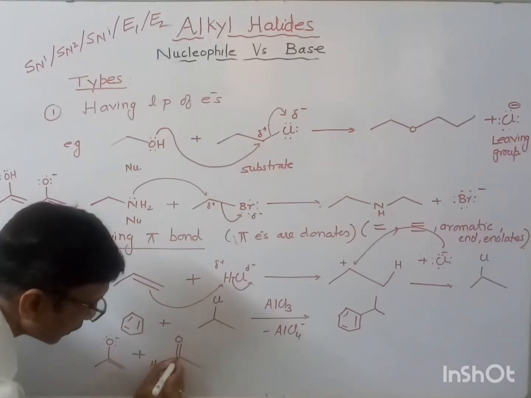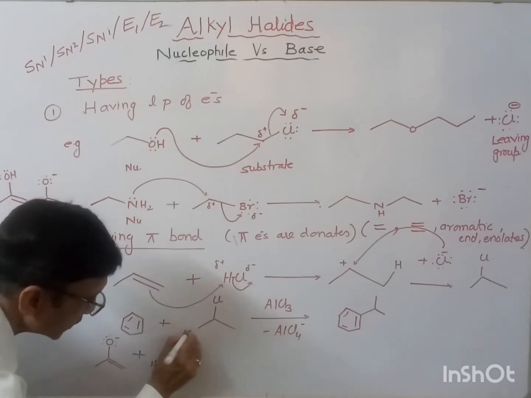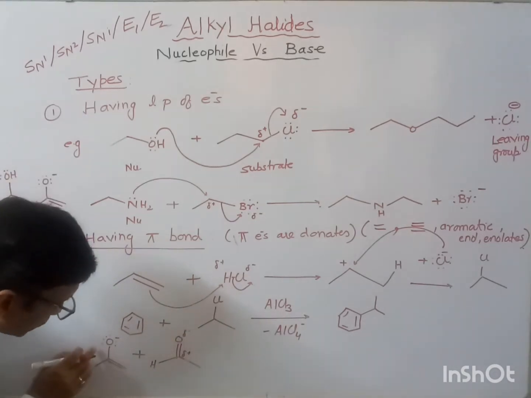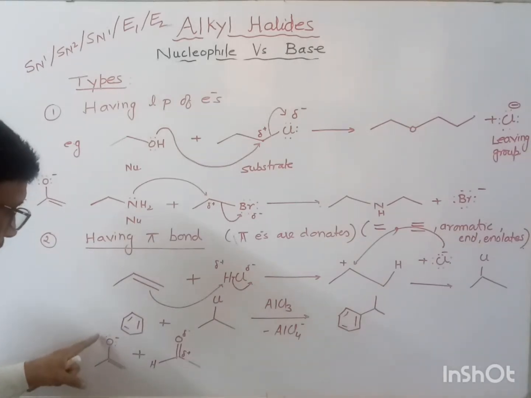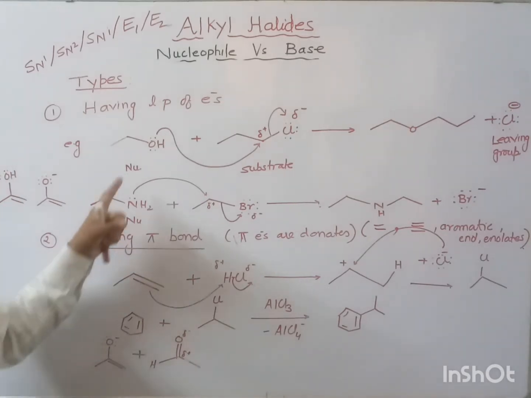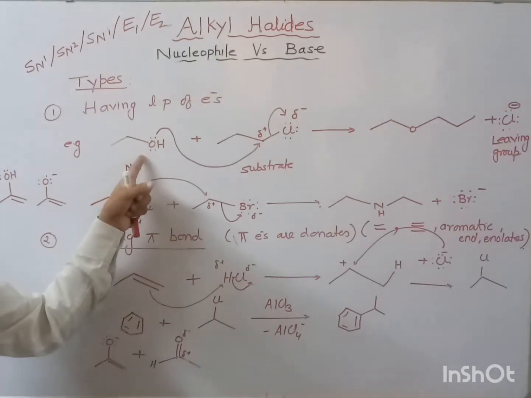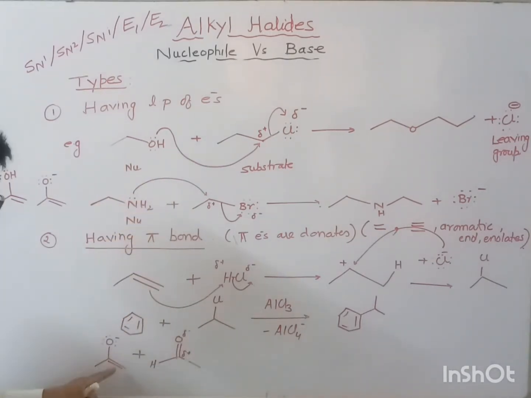So this is our electrophilic center, with a delta positive charge, and this has a delta negative charge. So here in this enolate ion we have a lone pair of electrons as well as the pi electrons. We know that the lone pair of electrons also acts as a nucleophilic part, and the pi electrons also act as a nucleophile.